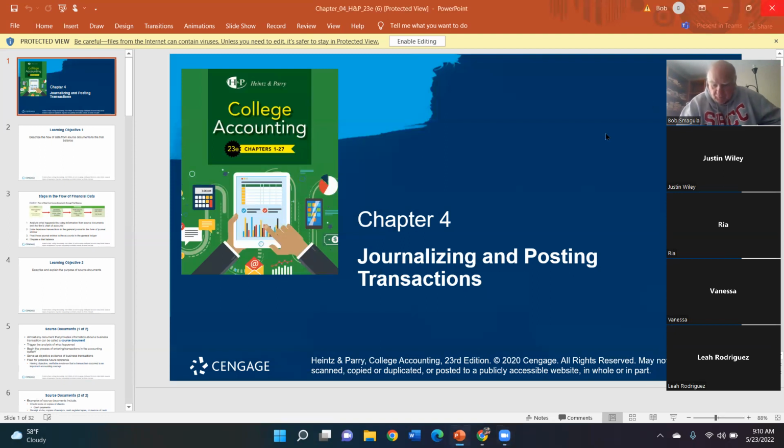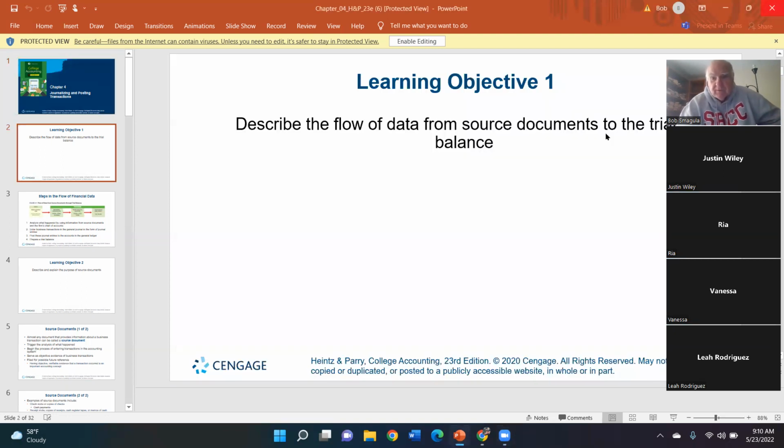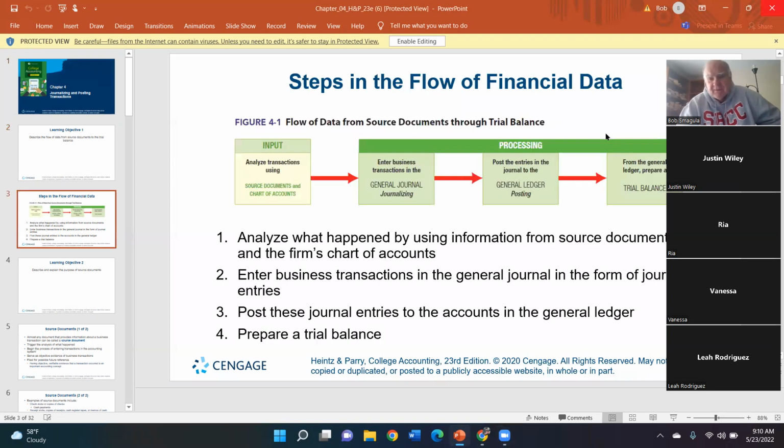Okay. So let's see what we have here. We have page 1. Flow of data. Yeah, let's take a brief look at this. Typically, we talked a little bit about this. You analyze what happened. We got the electric bill. We know what happened. We're paying the payroll. That's another thing. What happened?